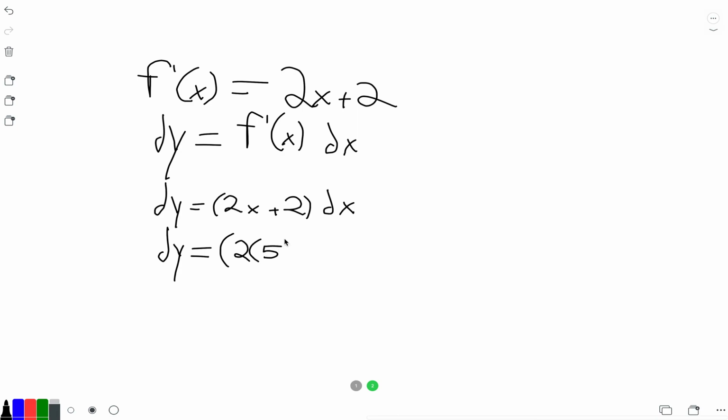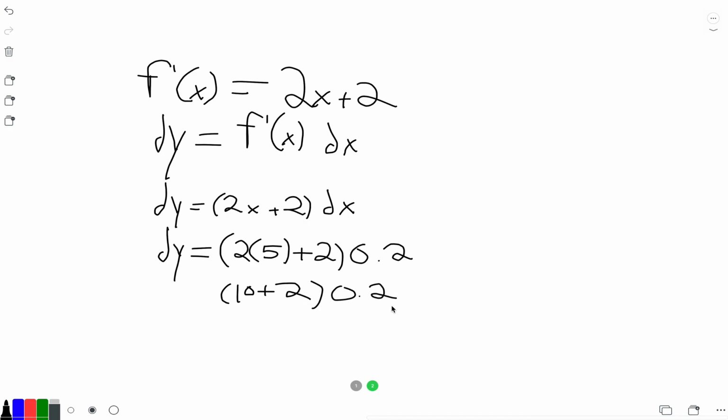dy equals (2 times 5 plus 2) times 0.2, which we can simplify to dy equals (10 plus 2) times 0.2, the 10 being derived from 2 times 5.